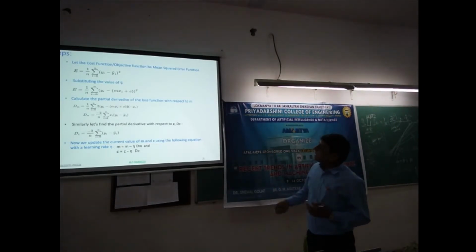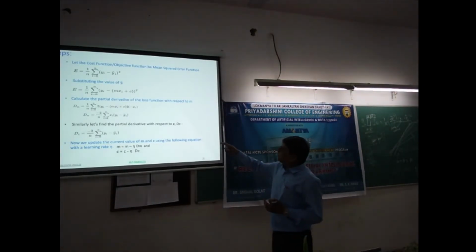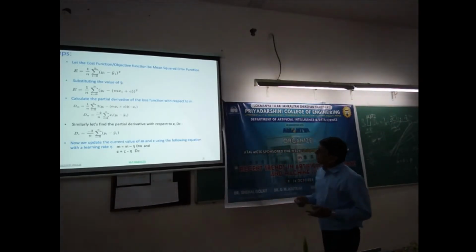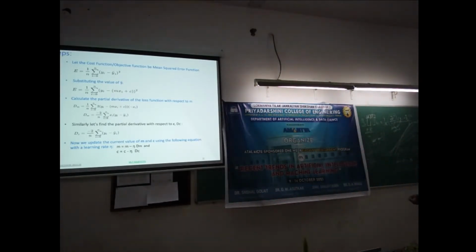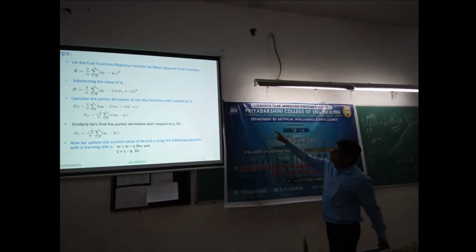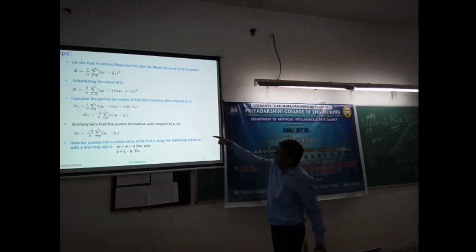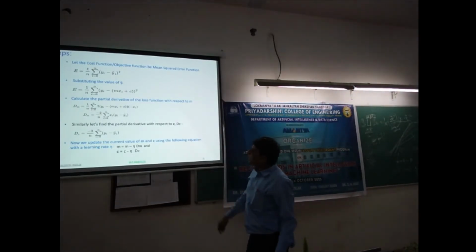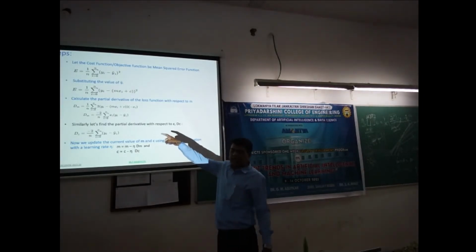So you have to find the derivative, right? Calculate the partial derivatives of the loss function with respect to each of the model parameters. Now there are 2 parameters. So first we differentiate this equation with respect to m. Finally you can work it out at home.